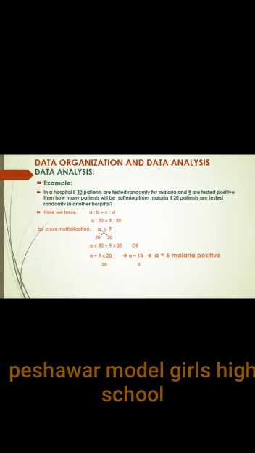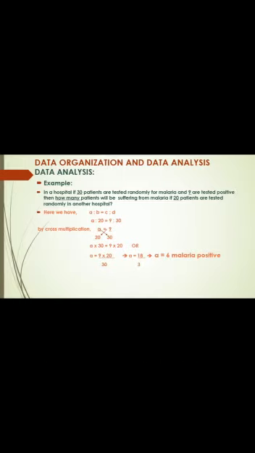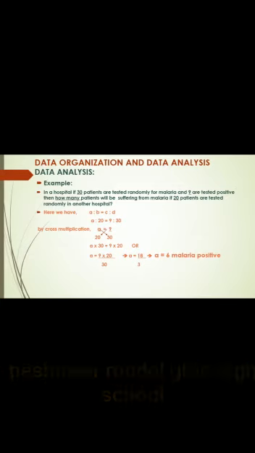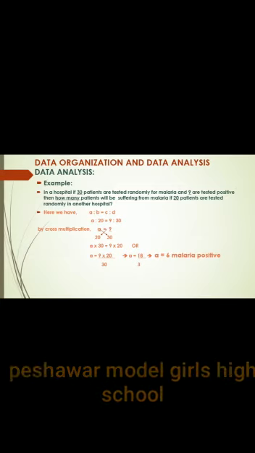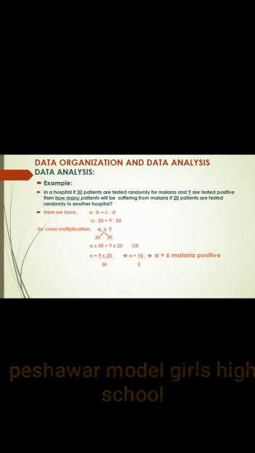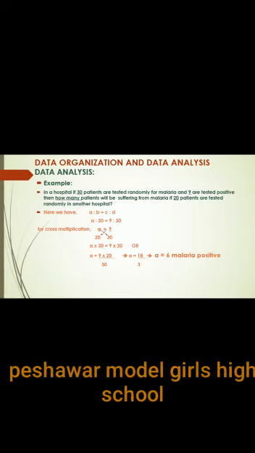If we have 30 fever patients in a hospital and we test them for malaria and get 9 malaria positive, then how many patients will be suffering from malaria if 20 patients are tested in another hospital? Here we have the formula A:B = C:D. First, we will put values in the formula.